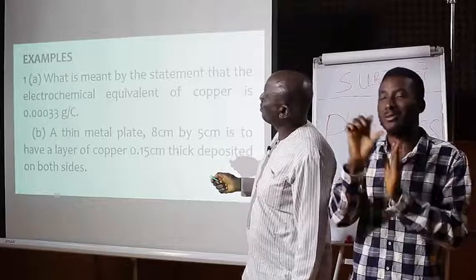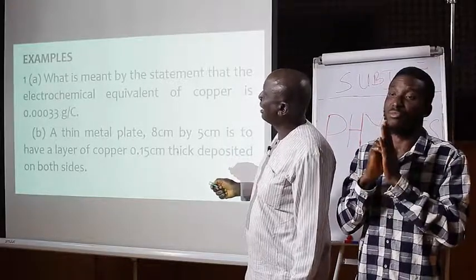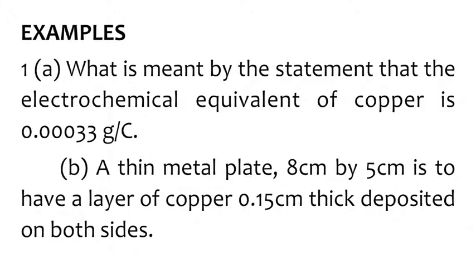Now let's take examples. Question 1a. What is meant by the statement that the electrochemical equivalent of copper is 0.00033 grams per coulomb? B. A thin metal plate, 8 centimeter by 5 centimeter, is to have a layer of copper 0.15 centimeter thick deposited on both sides.